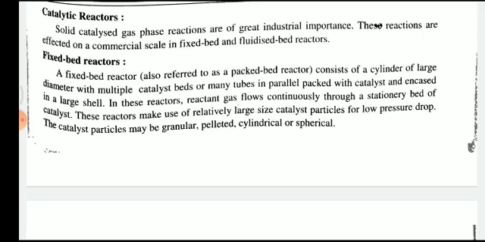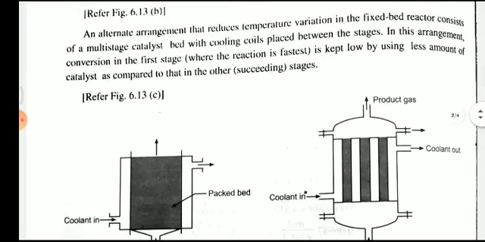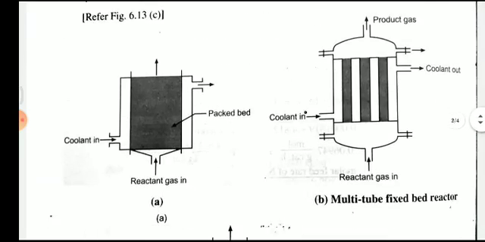This reactor is used with relatively large size catalyst particles for a low pressure drop, and the catalyst particles may be granular, pellets, cylindrical or spherical. Okay, it doesn't matter which type you use.